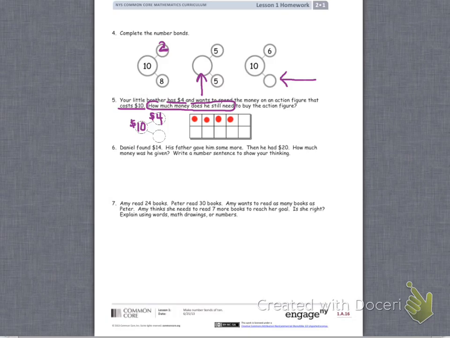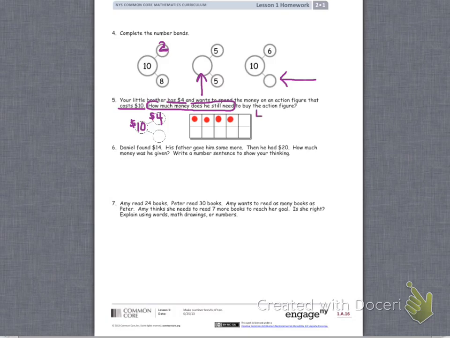So whatever's left over unshaded is the amount that he still needs to buy the action figure. Because this is a word problem, I always like to ask the students to answer in words. How much does he still need to buy the action figure?